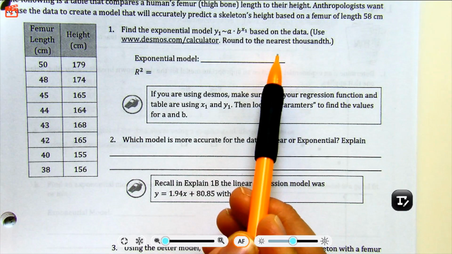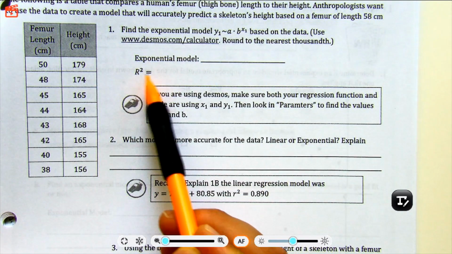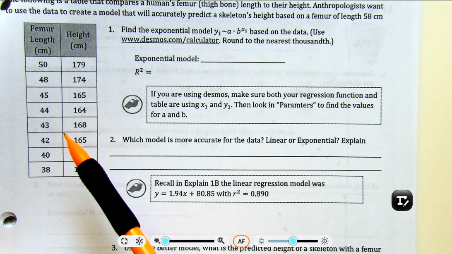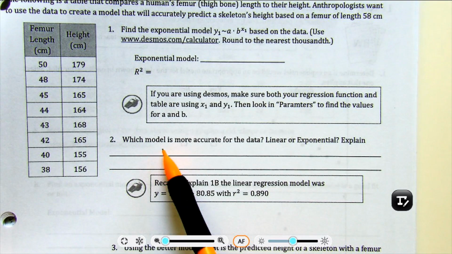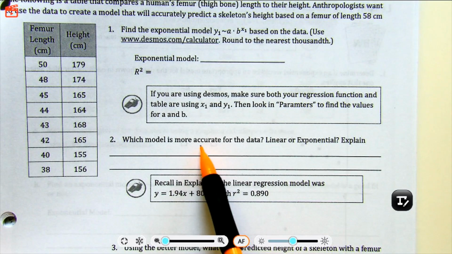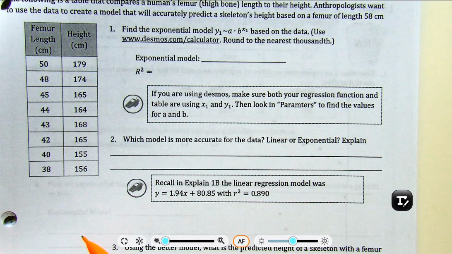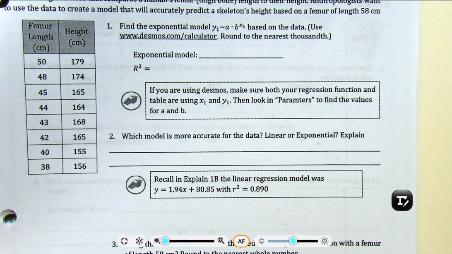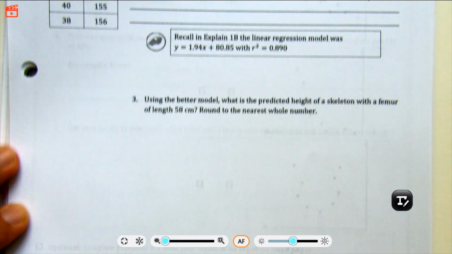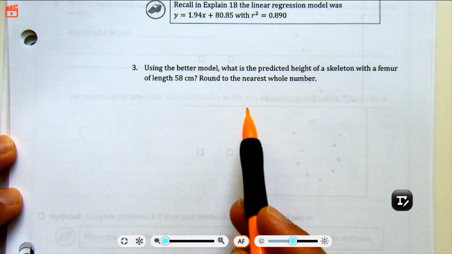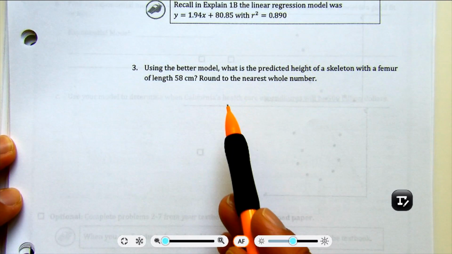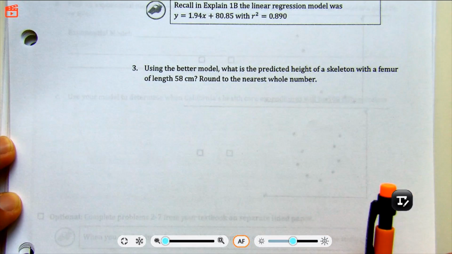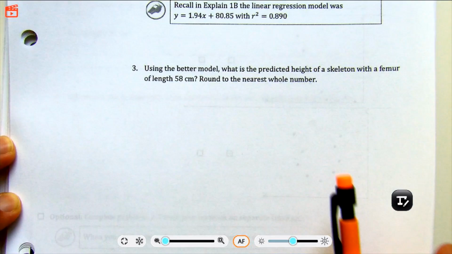Is it more accurate to say this is a linear or exponential? And then answer the question below here. Yeah, and that's pretty much how this lesson is. That's the end of this lesson.